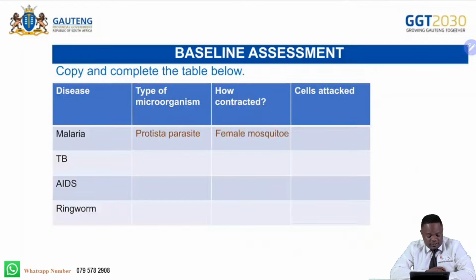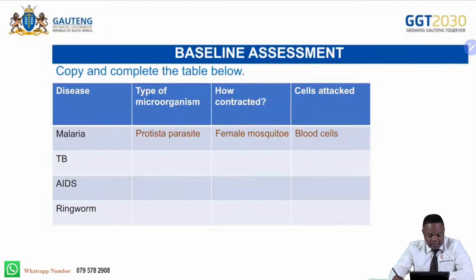They're the ones that spread the malaria parasite. I believe we've all had that experience with mosquitoes, a pleasant experience. So they are responsible for transmission of our malaria parasite. The cells that are attacked are the blood cells. I hope you were able to get that correct and tick for yourself.